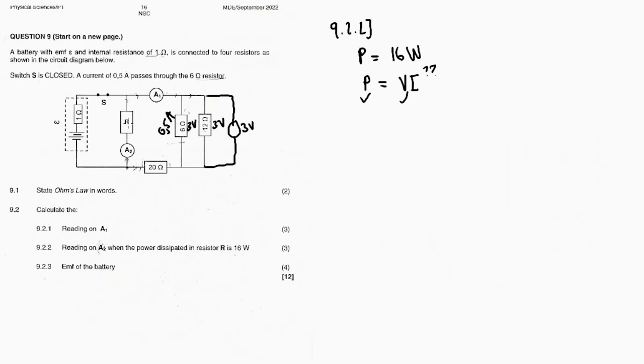The R branch and the 20, 6 and 12 combined branch are connected in parallel, and within a parallel connection, voltage is what is constant.